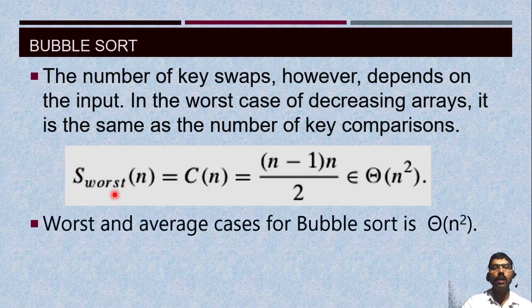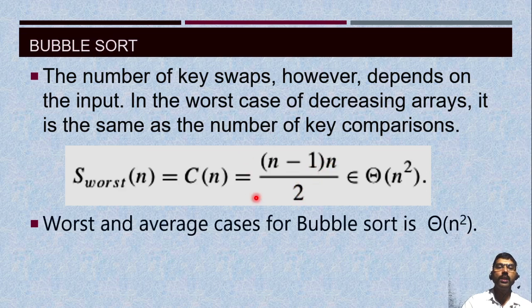So we can calculate the worst case for the swapping operation. How many times the swapping will be done is indicated, in the worst case, by S worst of n is equal to C of n. Totally it will perform n minus 1 into n divided by 2 swappings.